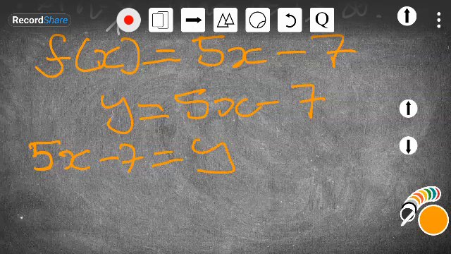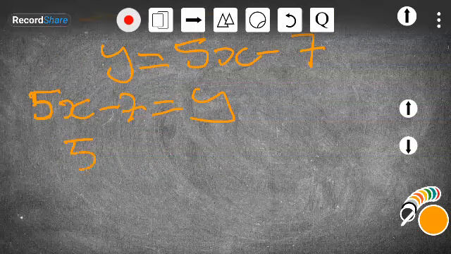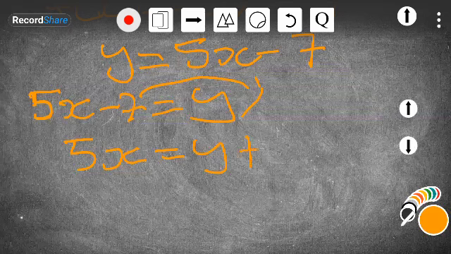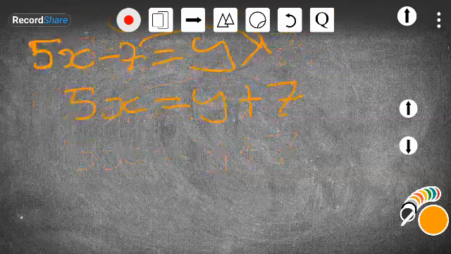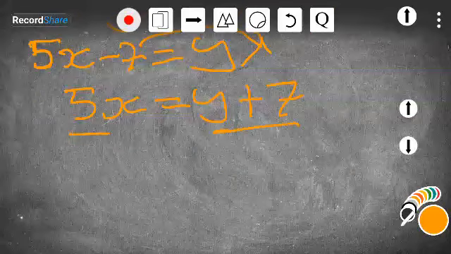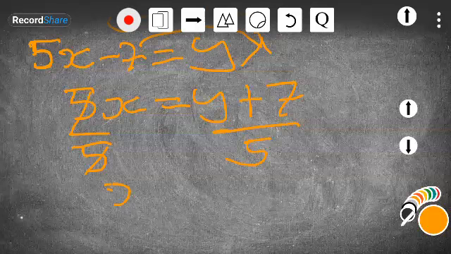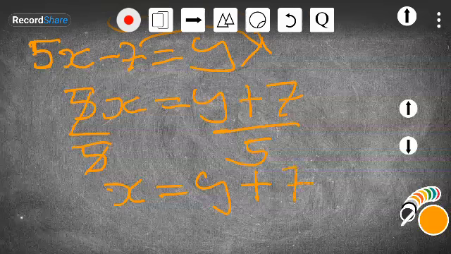By making x the subject of the formula, 5x is equal to y plus 7, as our 7 crosses the equal sign and the sign changes. To make x the subject, we divide both sides by 5. This gives us x is equal to y plus 7 over 5.